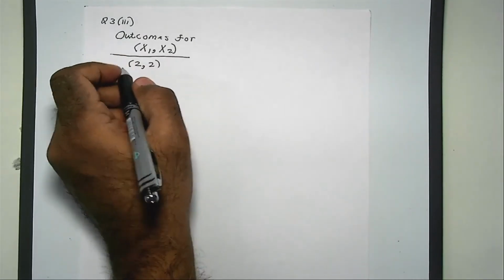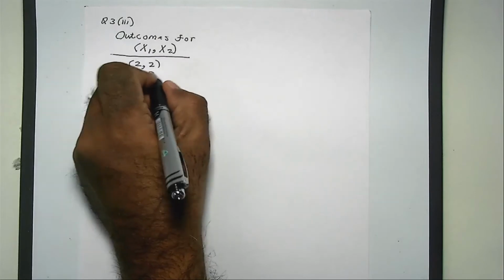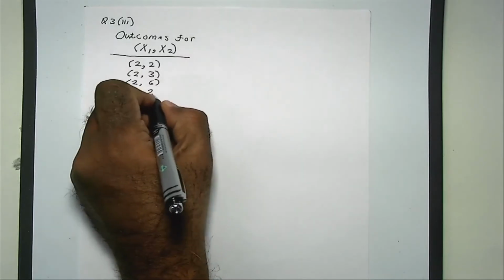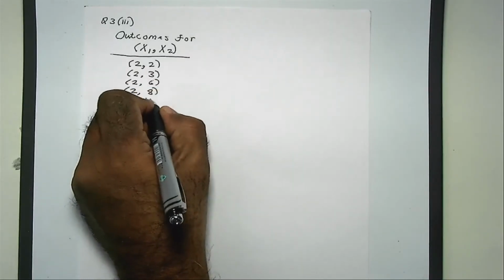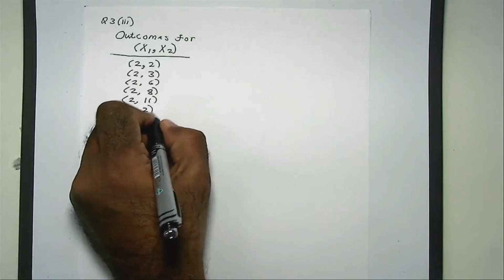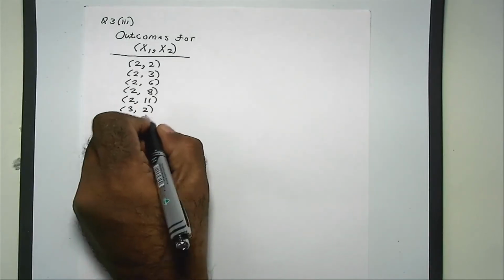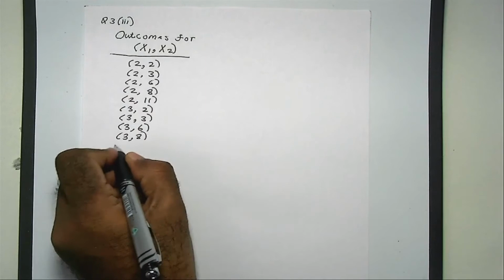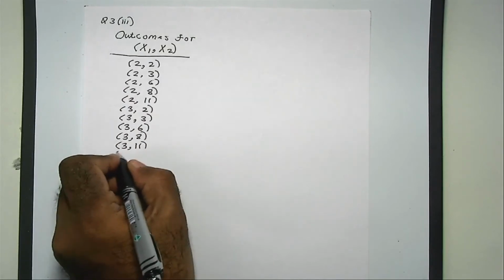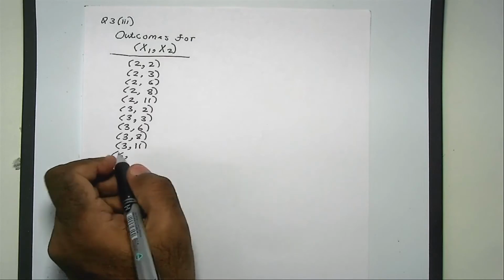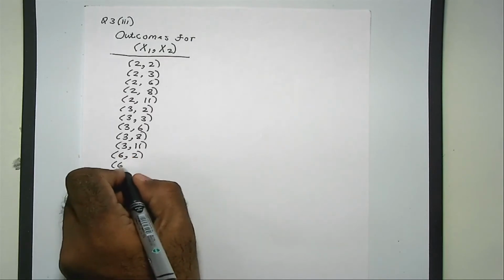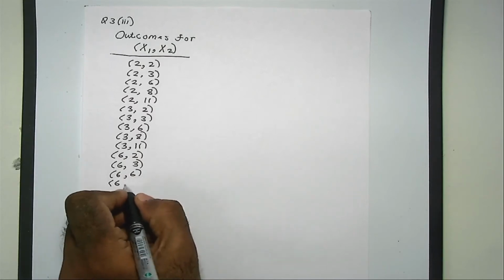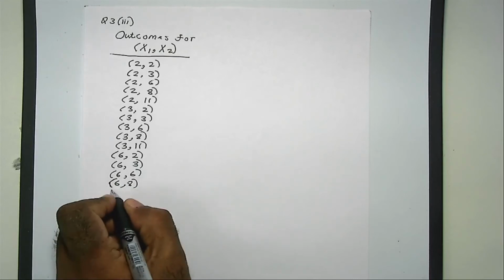Then 2, 3, 2, 6, 2, 8, 2, 11, then 3, 2, 3, 3, 3, 6, 3, 8, 3, 11, then 6, 2, 6, 3, 6, 6, 6, 8, 6, 11.